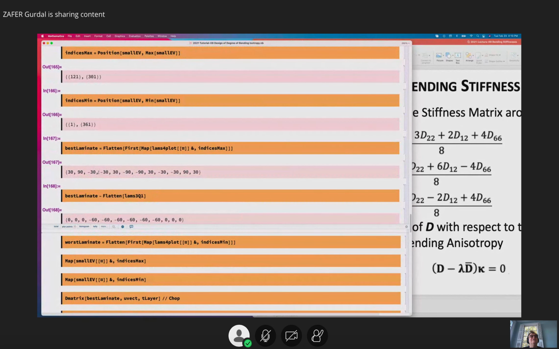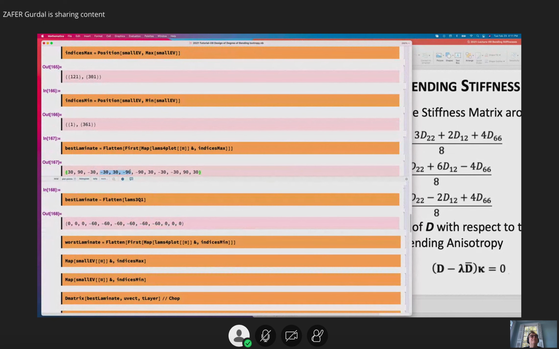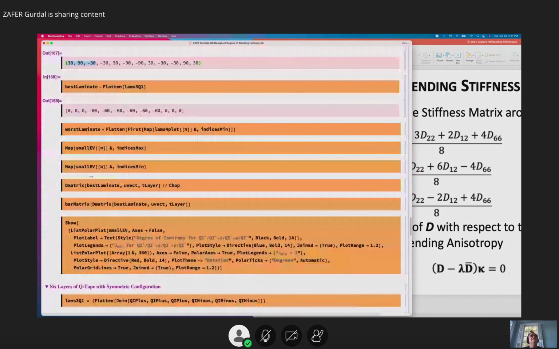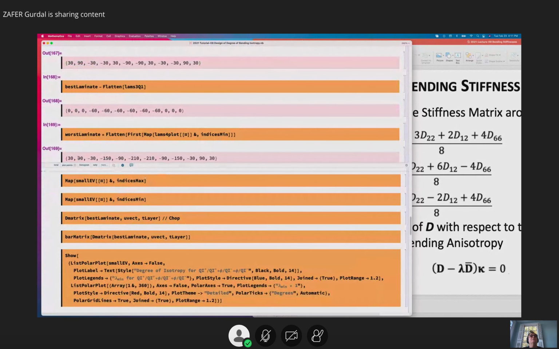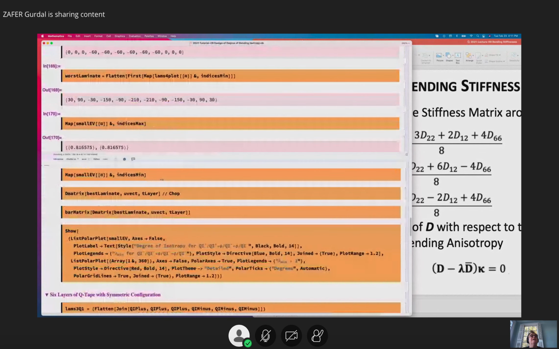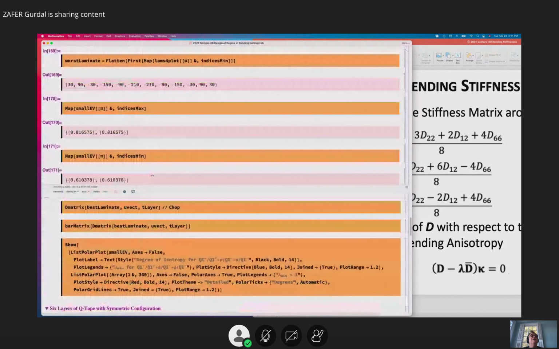You can see that actually second QI is rotated quite a bit compared to the first QI plus. So that's the best, that's the worst. This is the worst laminate. The eigenvalue of the highest is now 0.81.